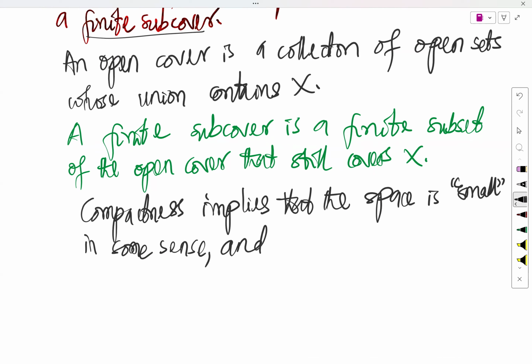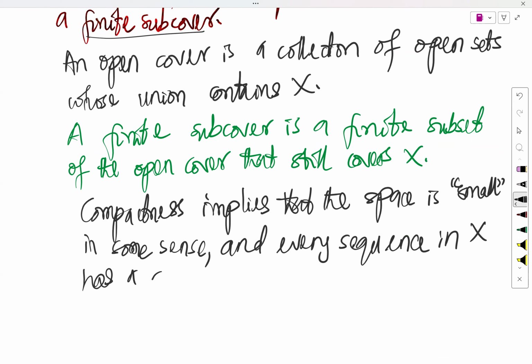And every sequence in X has a convergent subsequence. Okay, so that's about compactness.